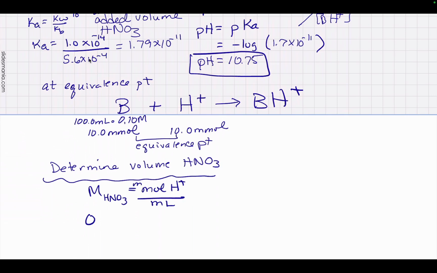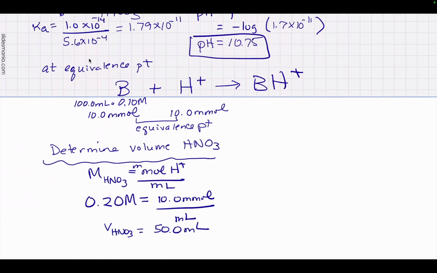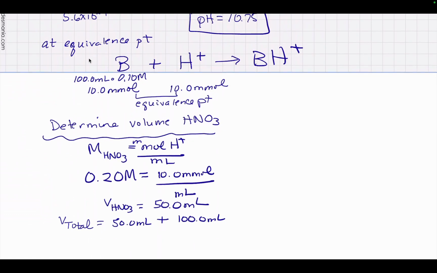I know the nitric is 0.20 molar, and I know that at the equivalence point, I have 10 millimoles. So I'm looking for my volume in milliliters. My volume of nitric acid is 50 milliliters. So now I can figure out my total volume: the 50 mLs of nitric that we just calculated plus the 100 mLs of the base. That gives me a total of 150 milliliters.